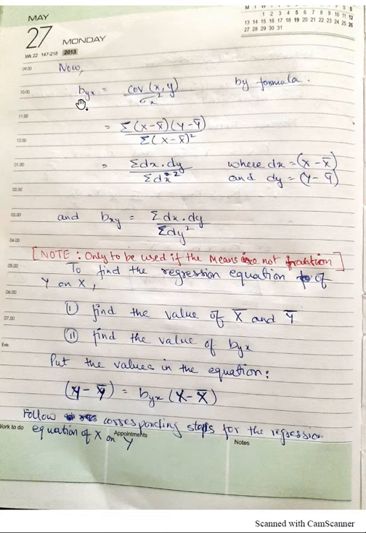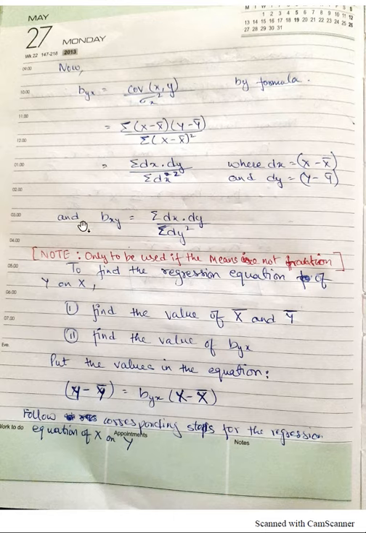So regression coefficient of y on x can be written as summation dx into dy divided by summation dx square, where dx is equal to x minus x bar and dy is equal to y minus y bar.